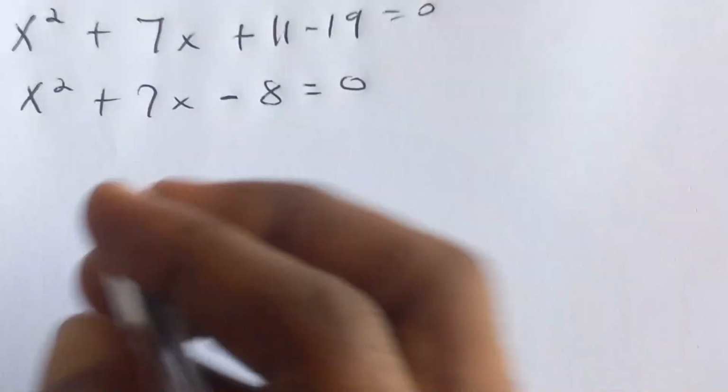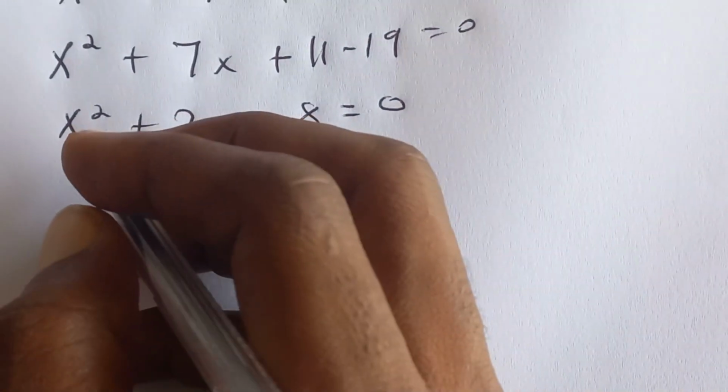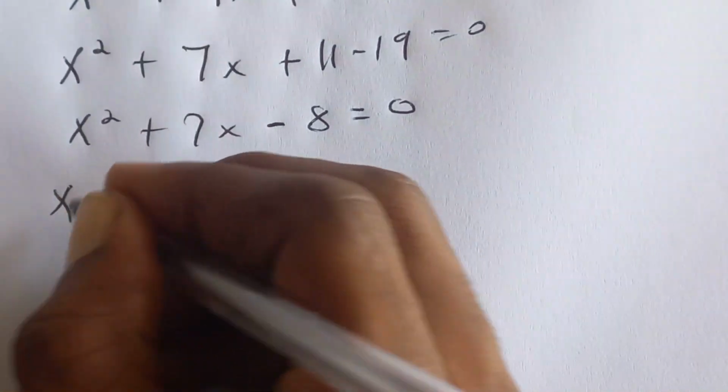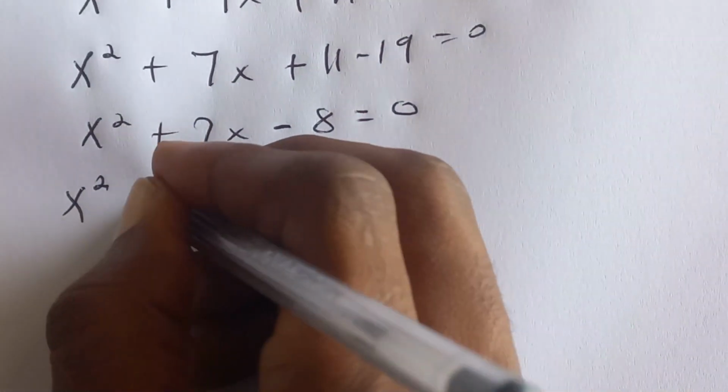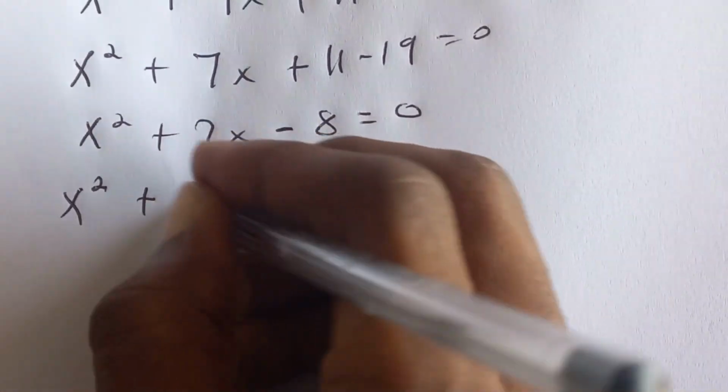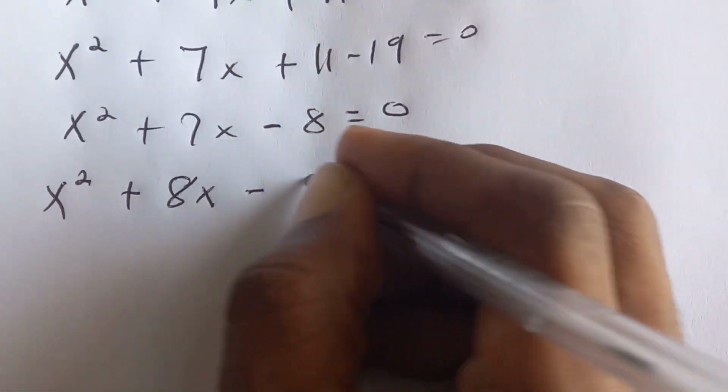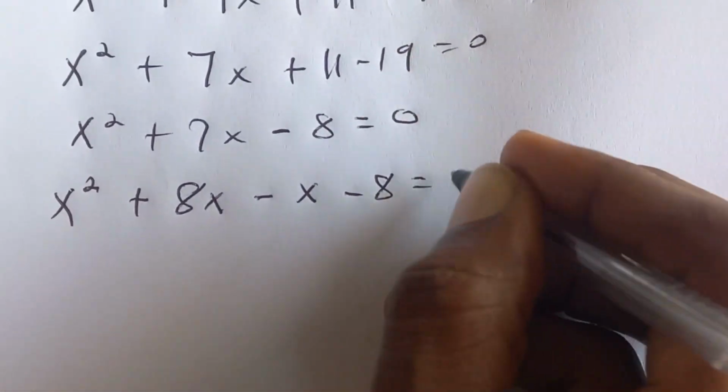So now, with this, we can say that using the factorization method, we have x squared plus 8x minus x minus 8 is equal to 0.